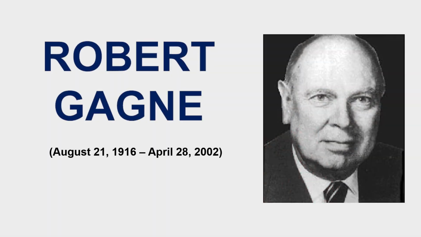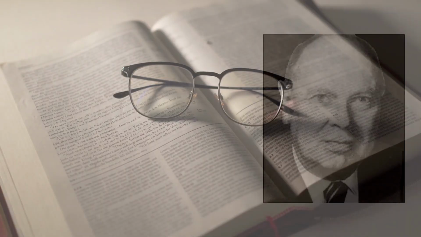Robert Gagne is considered to be one of the foremost contributors to the systemic approach to instructional design. His work has been particularly influential in training and the design of instructional materials.